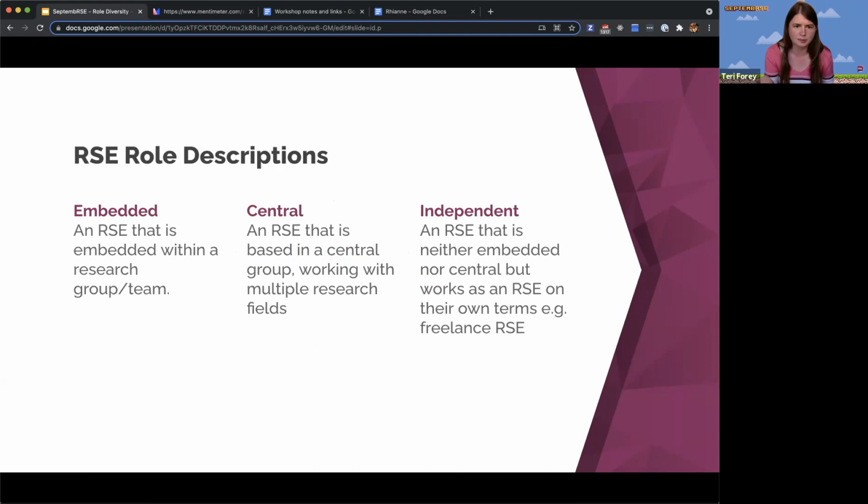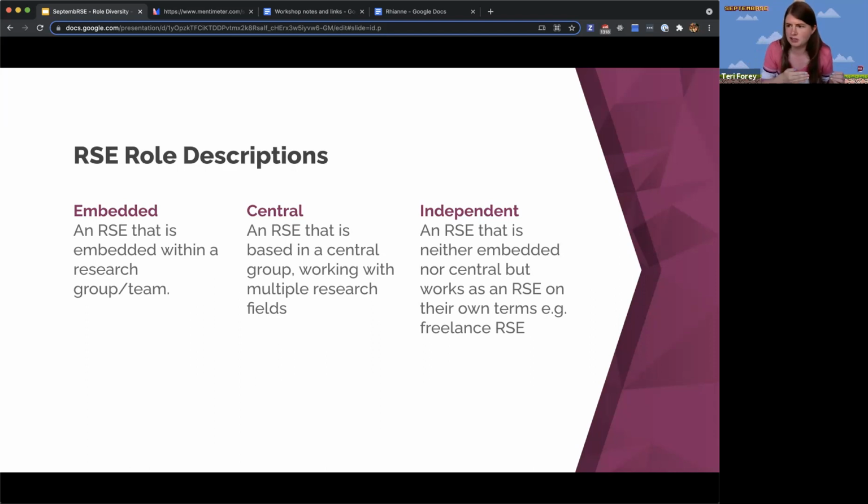Another thing that we're exploring is different descriptions and words, and you would have heard some of my colleagues talking about these. So one of them is embedded. So an RSE that's embedded within a research group or team. The central RSE is an RSE perhaps who's in a central group of other RSEs. So they might be working with multiple research fields.